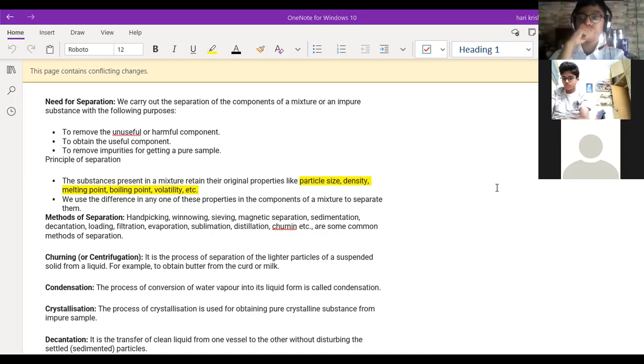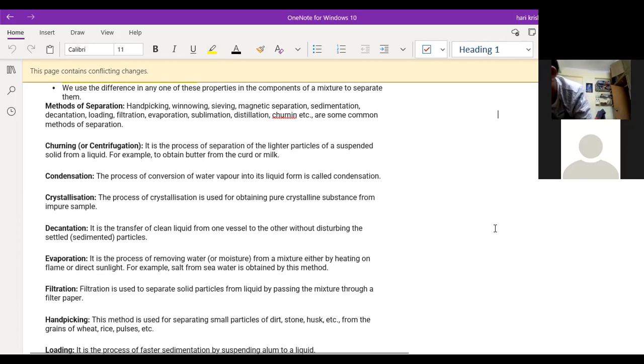Okay, the next one is churning or centrifugation. Where do you use this one? If you want to obtain the butter from the milk, what will you do?